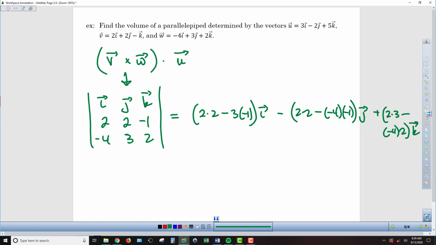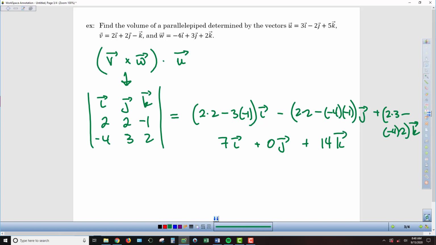So now I'm going to perform those operations. I'm going to multiply, do my subtraction, resolve all of my arithmetic here, and so we eventually end up with 7i plus 0j, and then plus 14k.